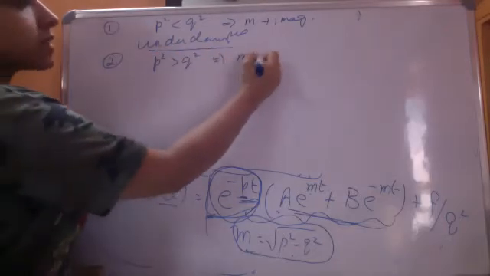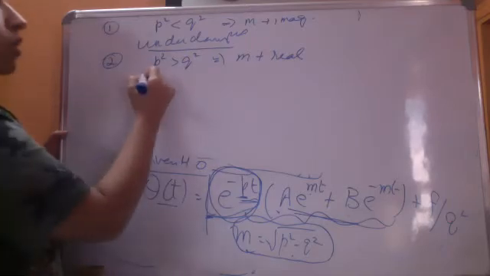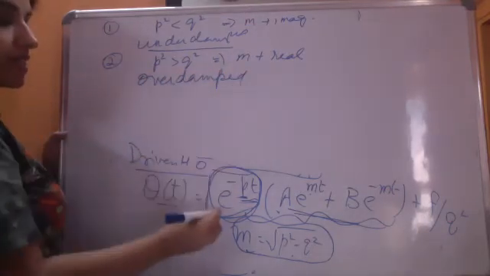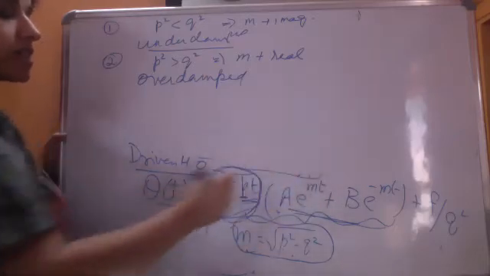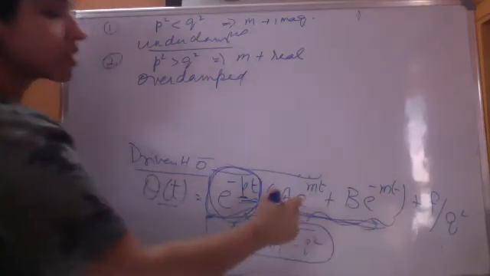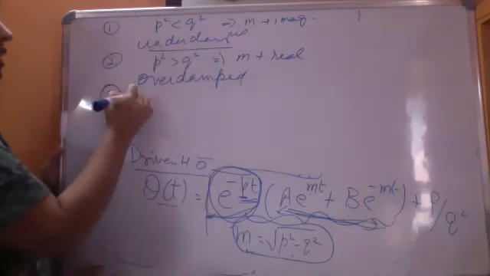Then your m is real, and that case is what is known as overdamped. So this becomes real solutions. These are real terms, and your solution is an overdamped solution.